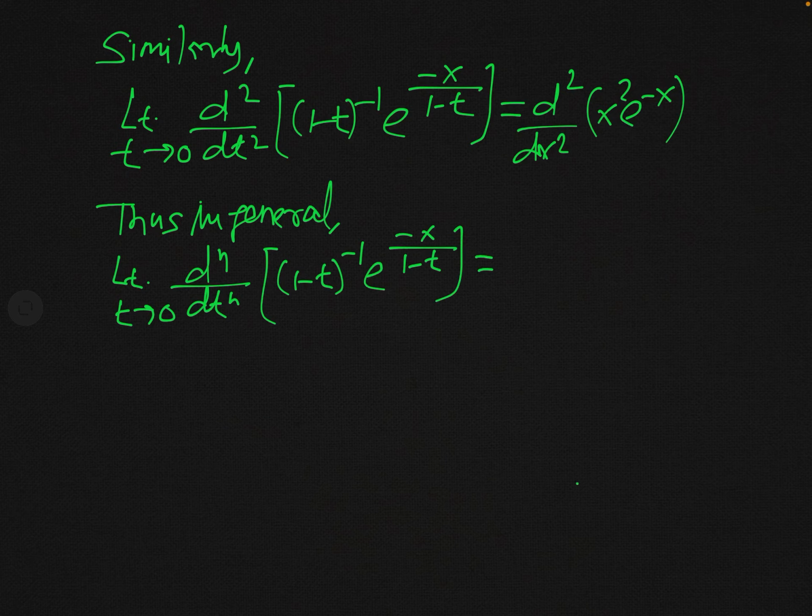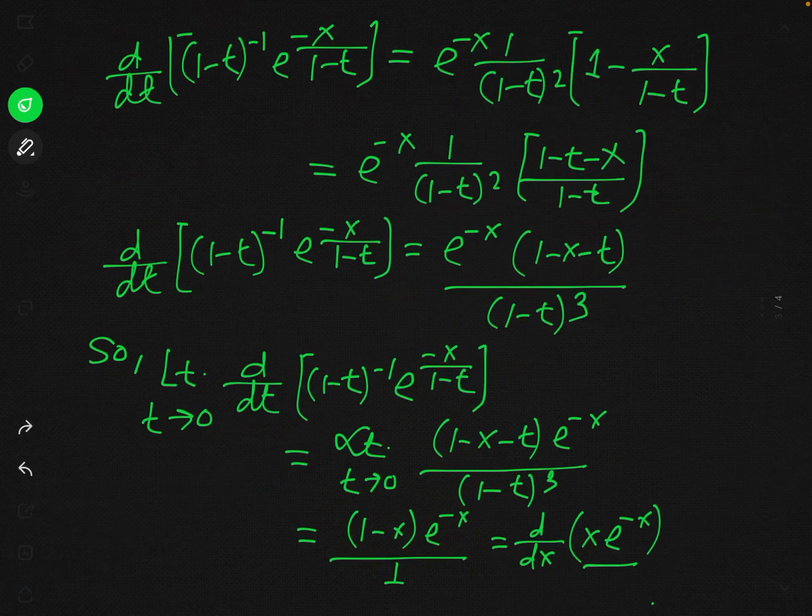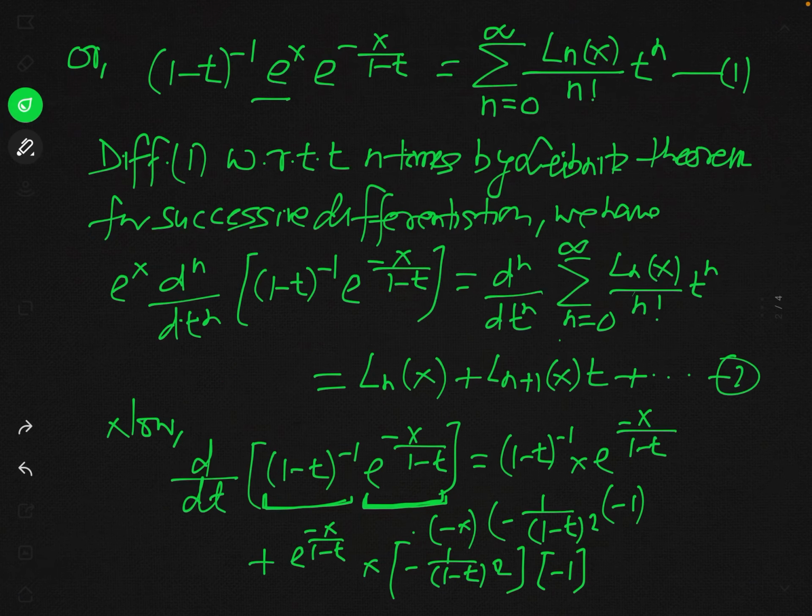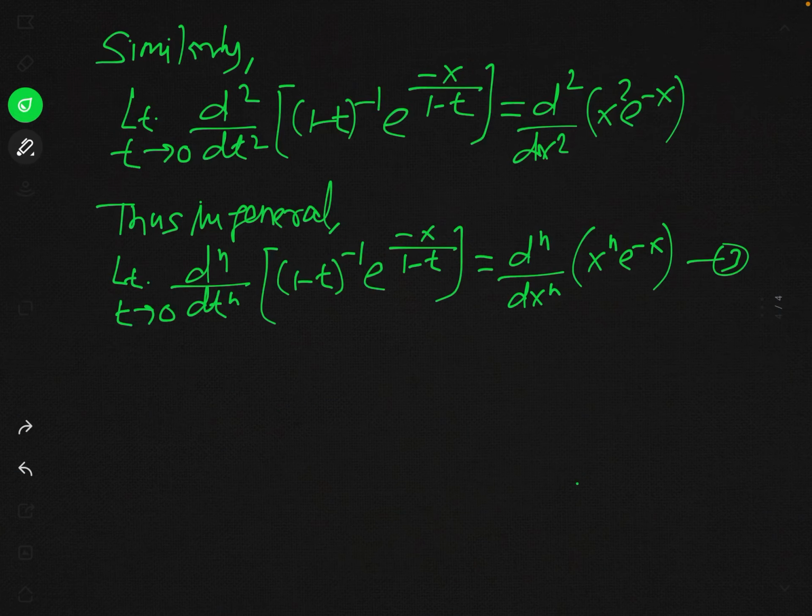What will it be? You can easily say this will be simply dn dxn of x raised to the power n e to the power minus x, and say this is equation 3. I have already assumed equation number 2, so say this is equation 3.